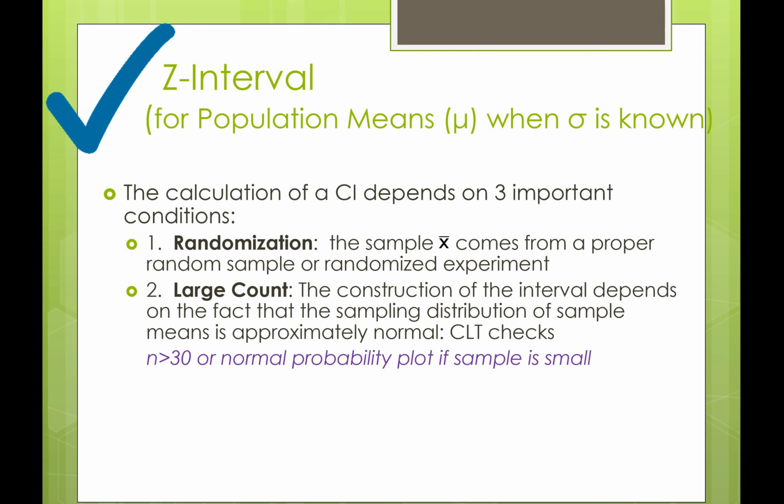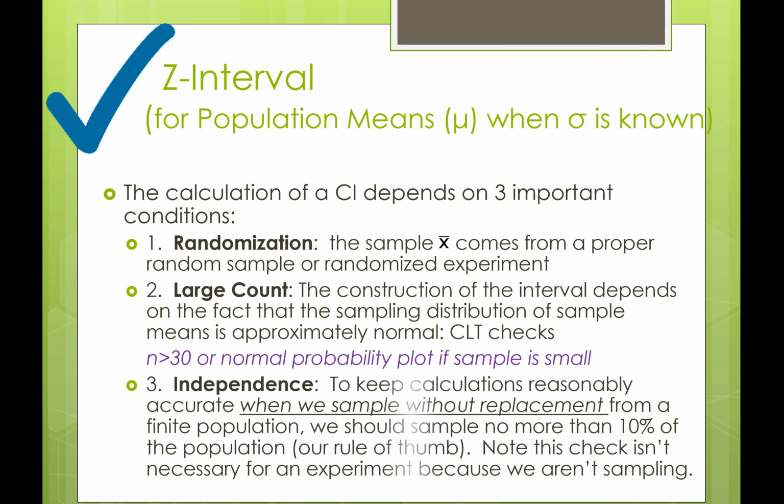If that's not the case, we can do a normal probability plot, and we'll review that in class if the sample is small, because if it shows that the sample looks normally distributed, then we can assume that the population is probably normally distributed, and therefore our sampling distribution will be approximately normal as well. So that's another method if you have a smaller sample size.